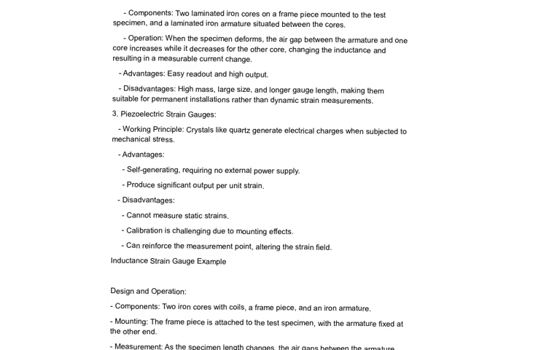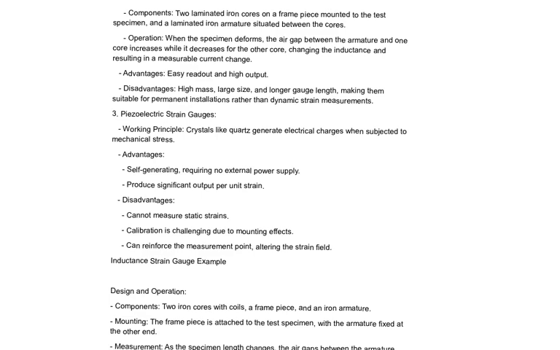In the inductance strain gauge, the components used are two laminated iron cores on a frame piece mounted to the test specimen, and a laminated iron armature situated between the cores. How does it work? Operation: when the specimen deforms, the air gap between the armature and one core increases while it decreases for the other core, changing the inductance and resulting in a measurable current change.